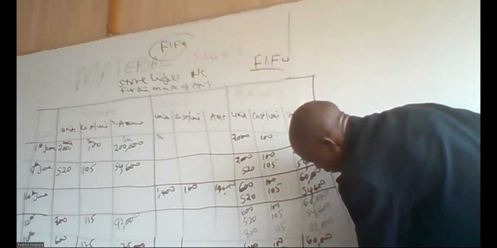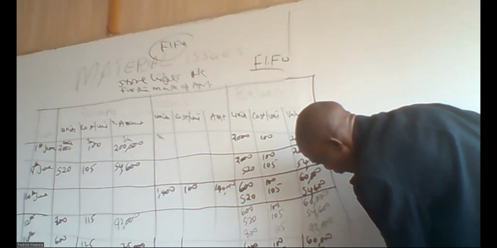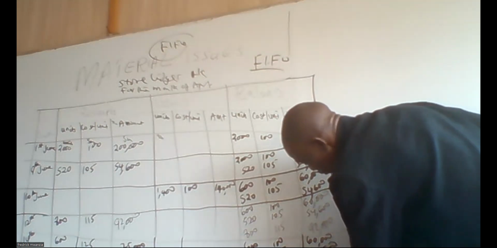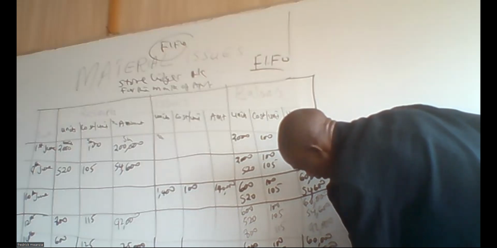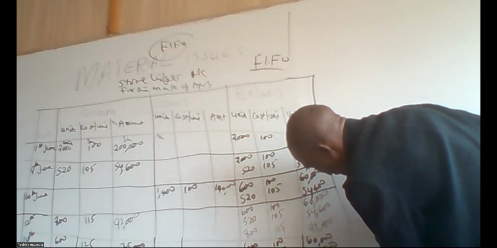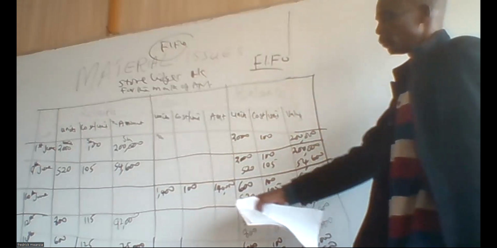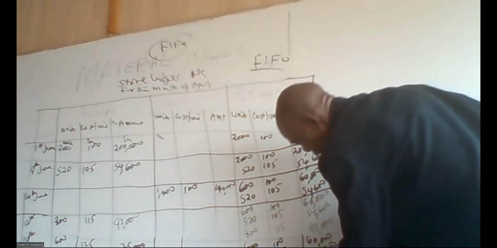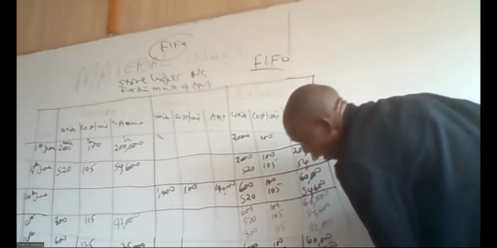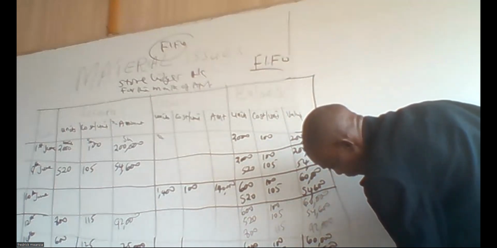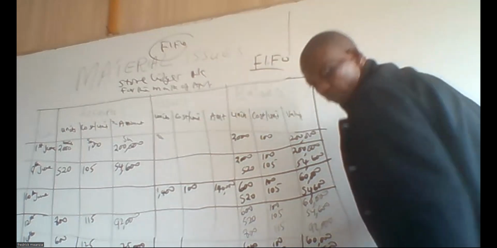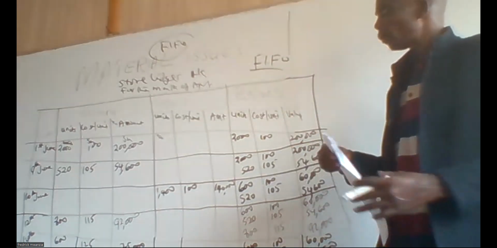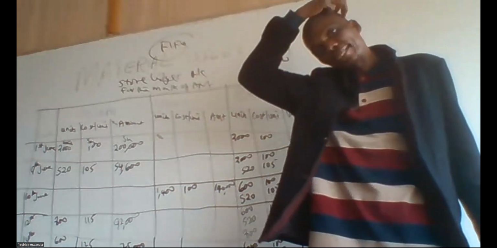This was at 105, so 54,600. This is 800 at 115, which was 92,000. And the last is at 125, which is 75,000. So you just compute this way until the last date.